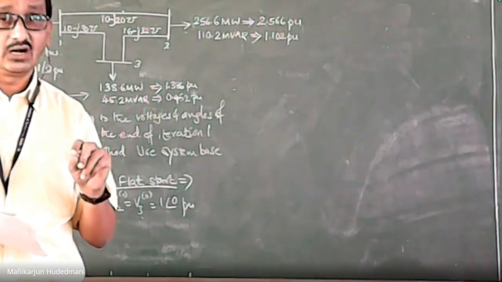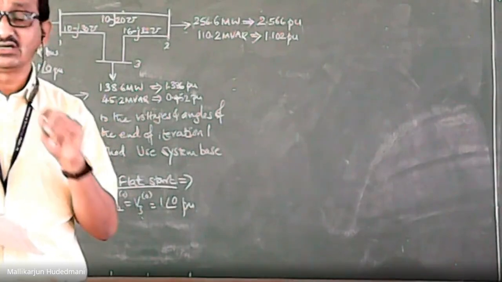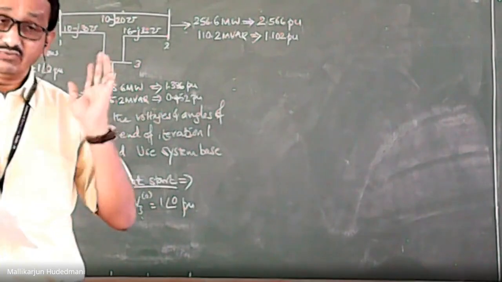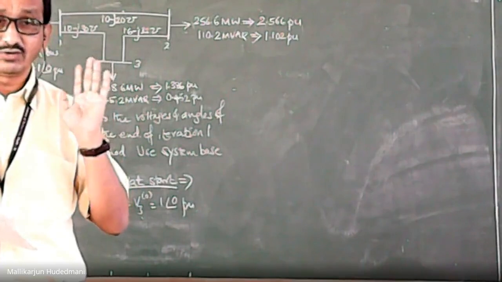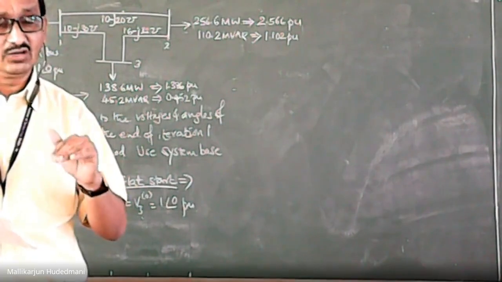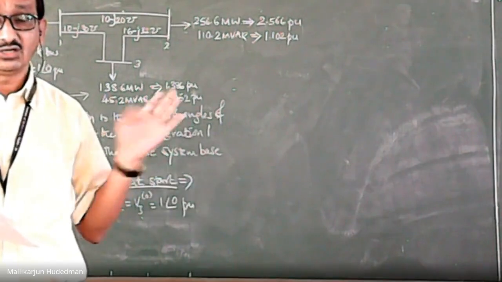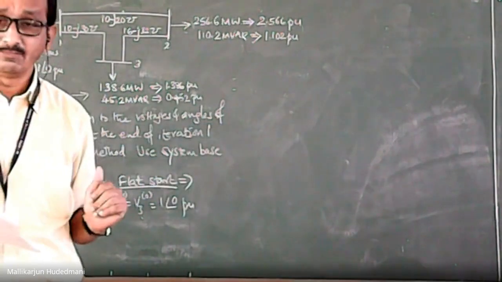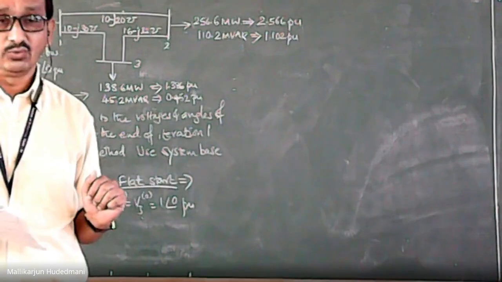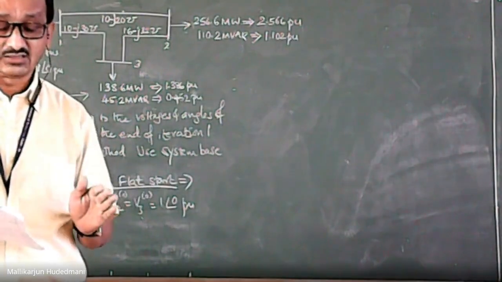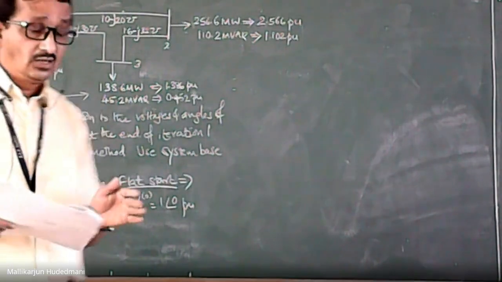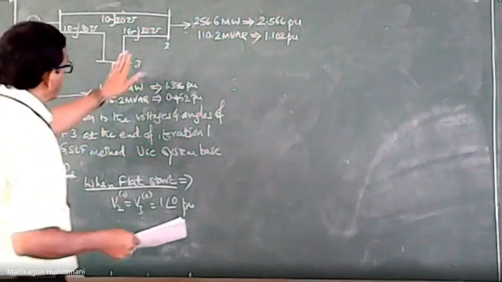In that regard, framing of Y bus is very necessary. With a rule of inspection, you can write the V2, V3, V4 equations, however applicable, very directly from observation if you become familiar with the problem. But that is not the issue. It is required as a systematic approach. Hence, I have to form Y bus on this.